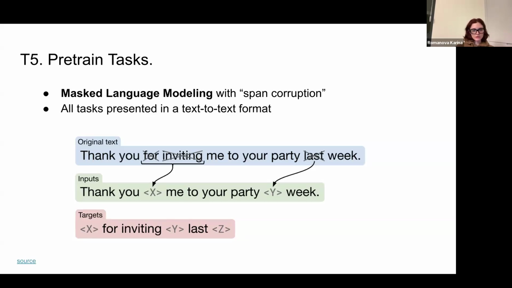Unlike traditional masked language modeling, where single tokens are masked, T5 masks consecutive tokens and enhances its understanding of broader context. This approach helps T5 perform well in understanding long-term dependencies within a text.